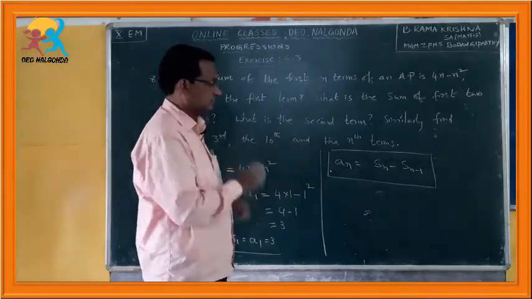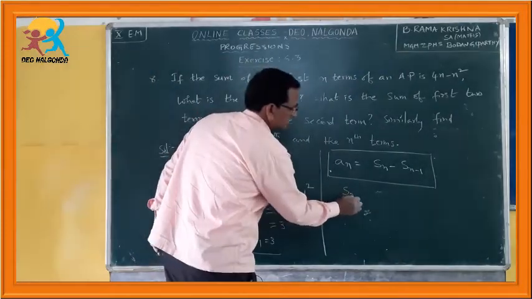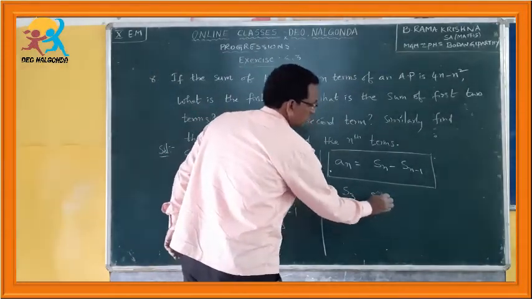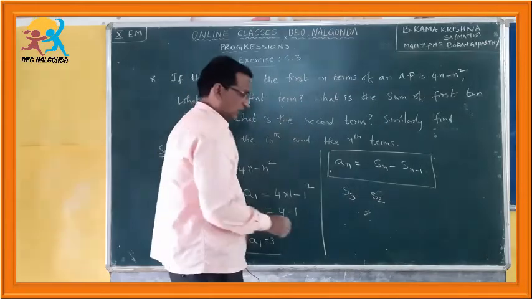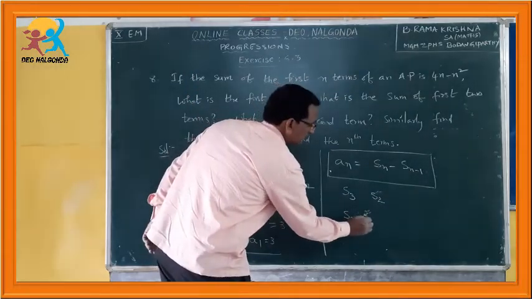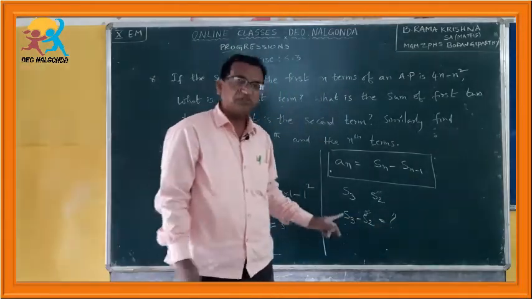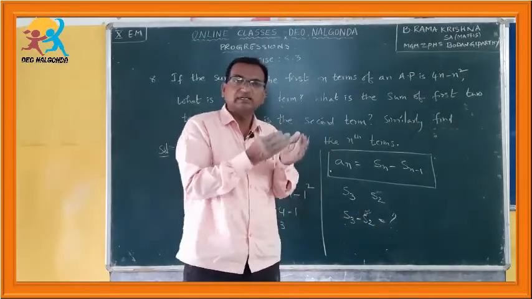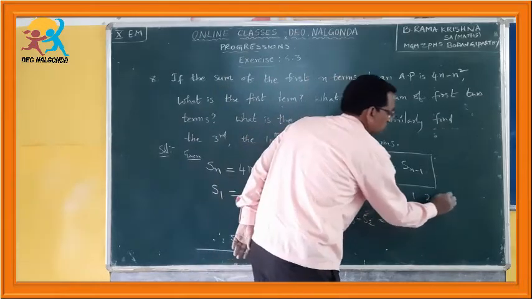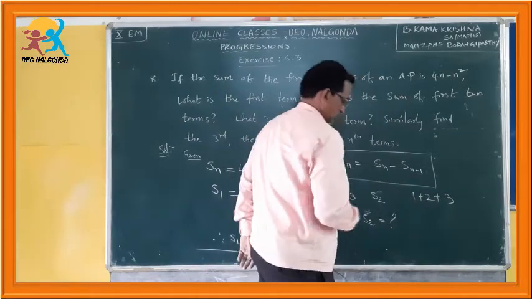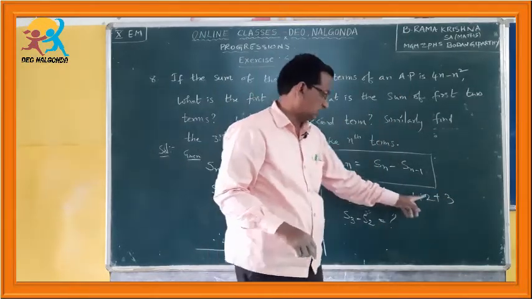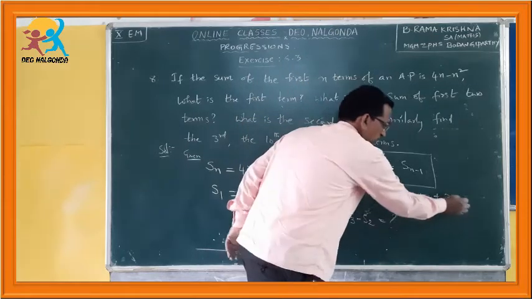So, let us understand this. Suppose there is S3, suppose there is S2. If you subtract S3 minus S2, what do you get? S3 means the sum to 3 terms. Suppose the terms are 1, 2, 3. The sum to 3 terms is 6.